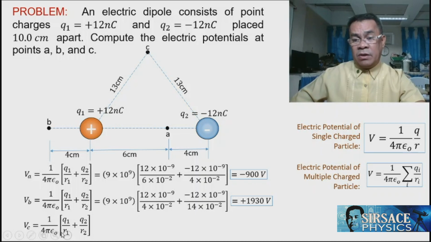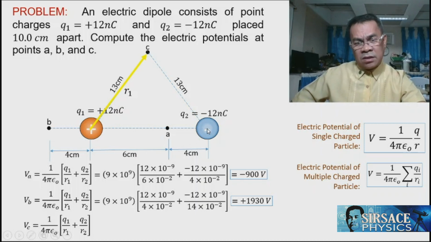Then we have another value of R1 and R2. R1 is again coming from the charge going to the point of interest, so you connect a line towards the point of interest. This is R1, and this one, from the other charge towards the point, is R2. Take note, 13 and 13. So R1 is 13, R2 is 13.